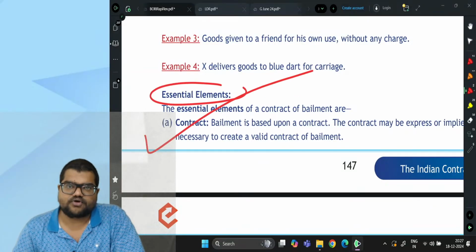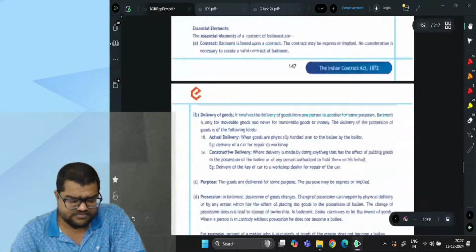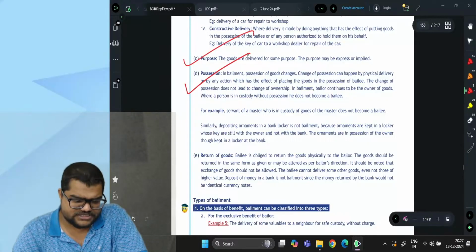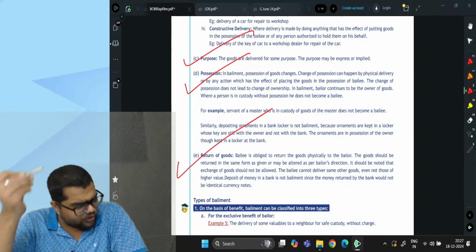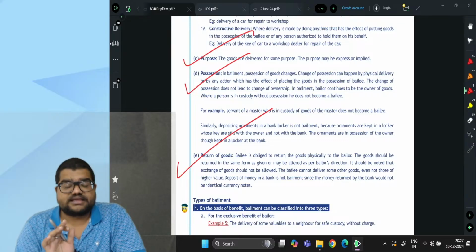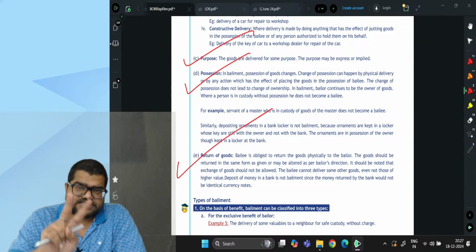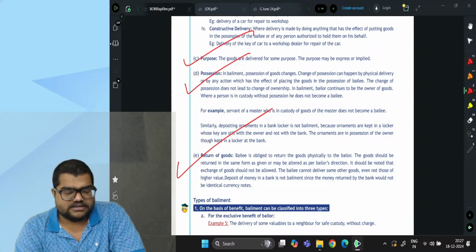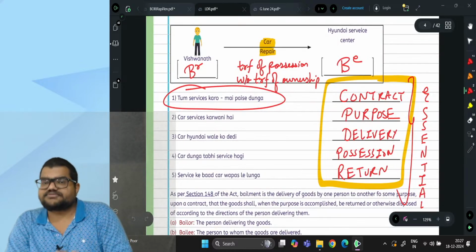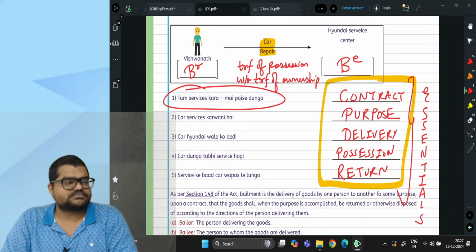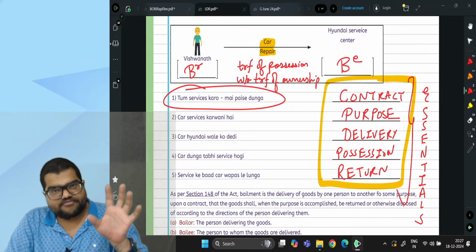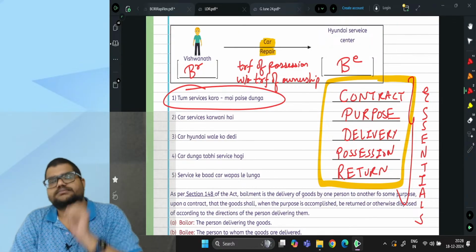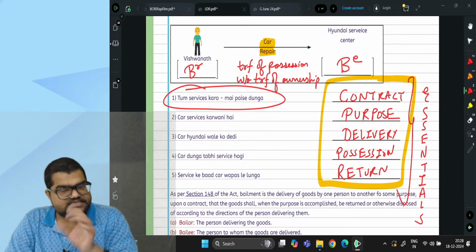We have the first one, contract. Then delivery of goods. Then purpose, possession, and return of goods. All the 5 points that we discussed are useful at two places: one is the definition itself, and the other is the essential elements of bailment. So remember this once, and it can be used in both areas. Very, very easy.